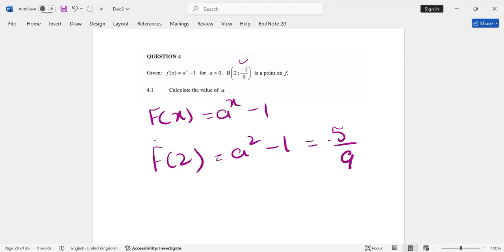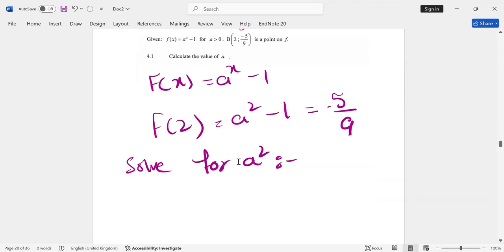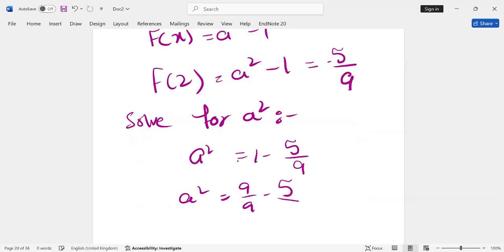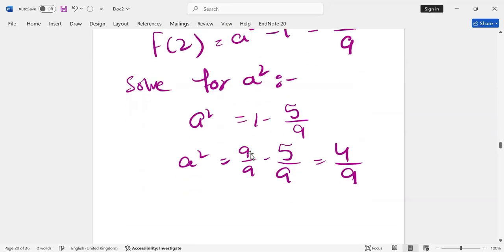Okay, now solve for a squared. So when we're solving for a squared, what do we get? We have a squared equals 1 minus 5 by 9. So a squared equals 9 by 9 minus 5 by 9, that is equal to 4 by 9. Now solve for a.